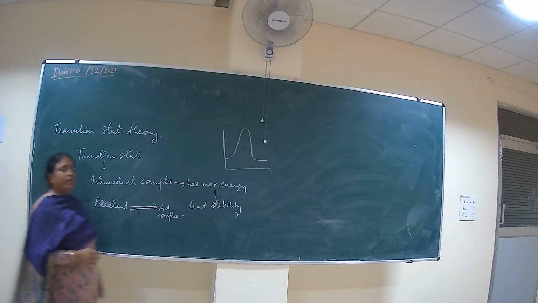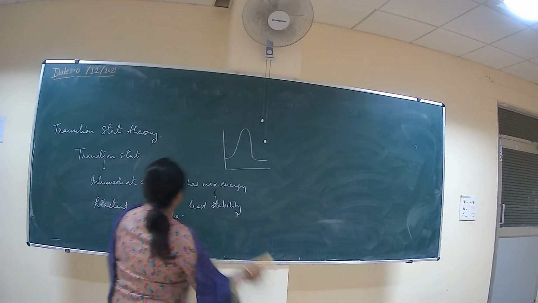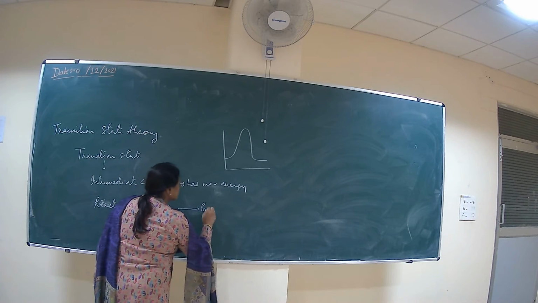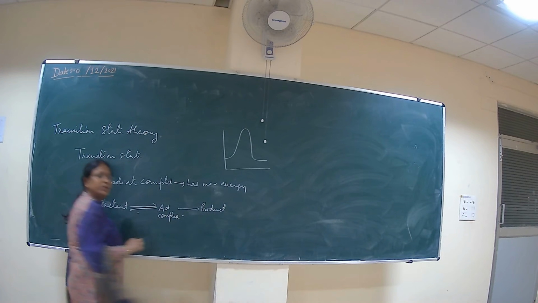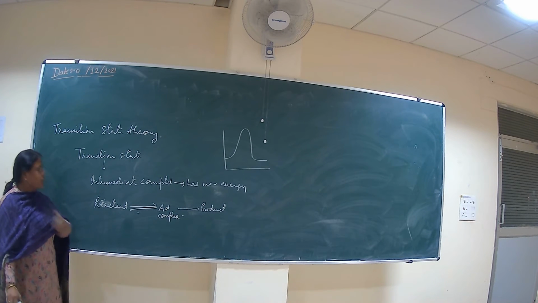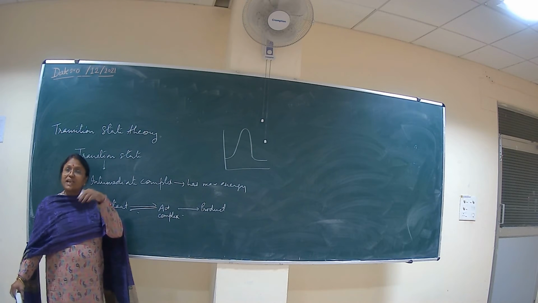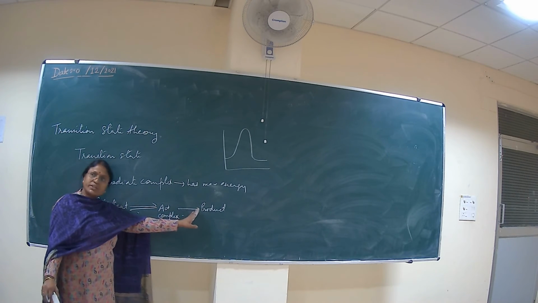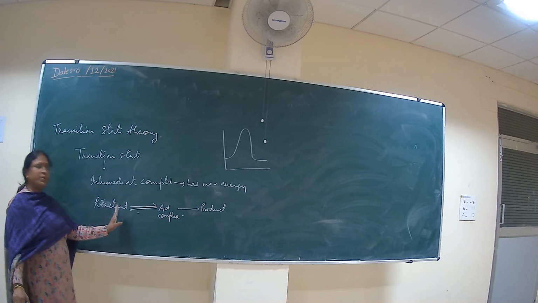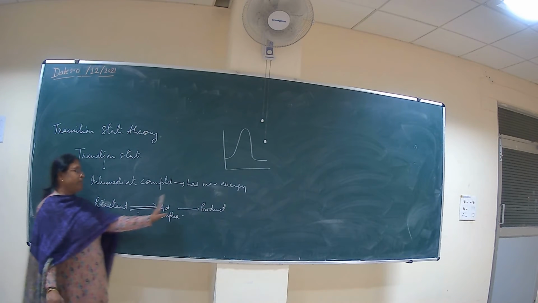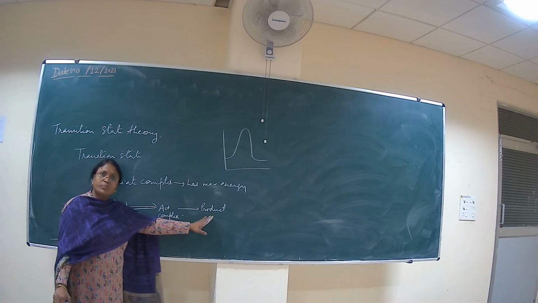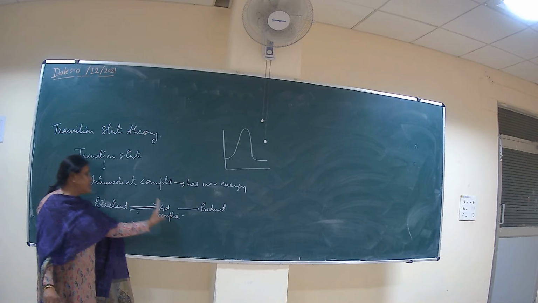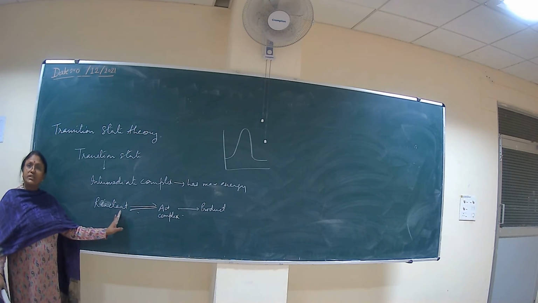Okay, and this activated complex, when it proceeds, then there is a formation of the product. Okay, why is there an equilibrium state? Because if there is a slight change in the energy, then immediately the activated complex either proceeds in the forward direction or in the backward direction. So if the energy is increased, then there is a formation of the product, and if there is a decrease in the energy, then the activated complex immediately converts into the reactant molecule.